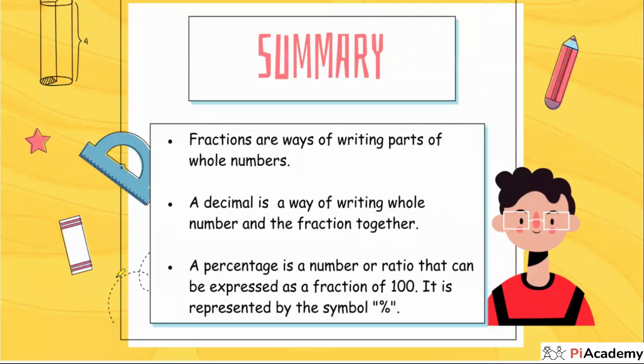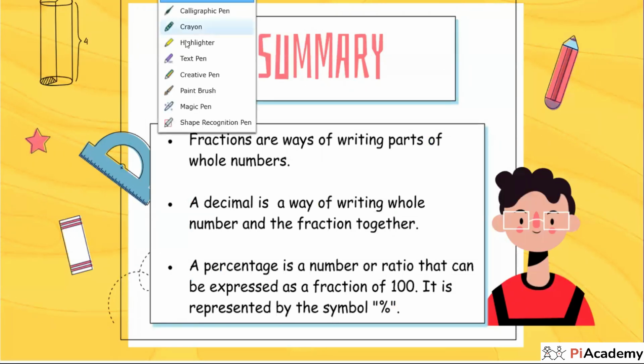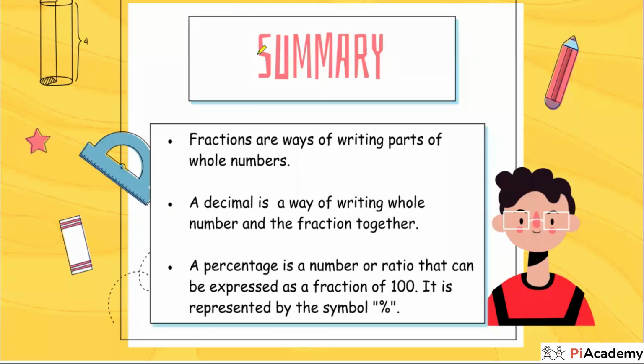Let's have the summary of this session. In the summary, I am just repeating the words. Fractions are a way of writing parts of a whole number. This is the definition of a fraction. You must know this. A decimal is a way of writing a whole number and a fraction together, right?